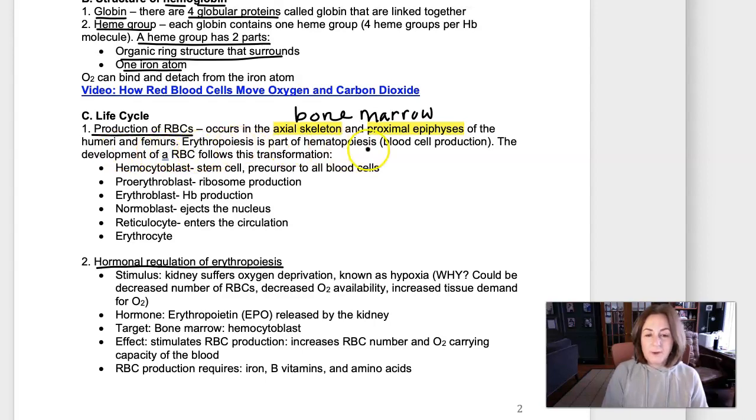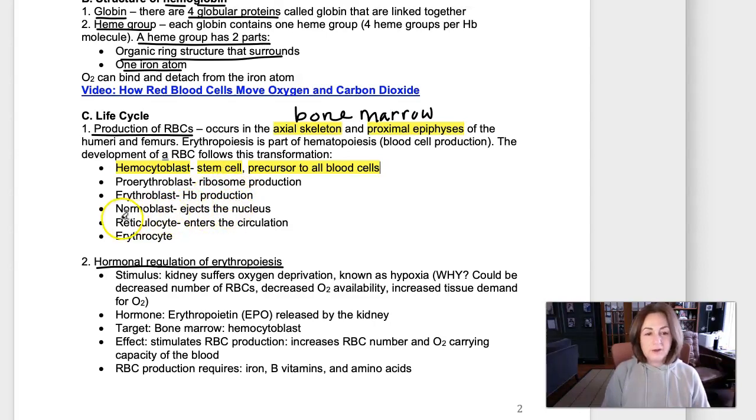So erythropoiesis is part of hematopoiesis. We talked about that. That's just red blood cell production. Here I listed the cell types for you, and I showed you the picture of that. We're going to go from the hemocytoblast, which starts out every story of blood cell production because it's the stem cell precursor to all blood cells. It goes down the line of erythroblast to form the hemoglobin.